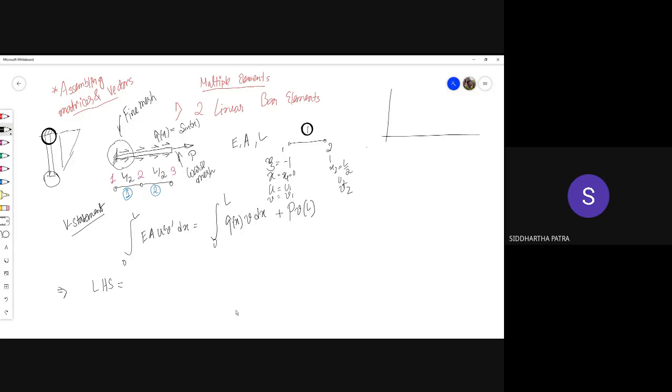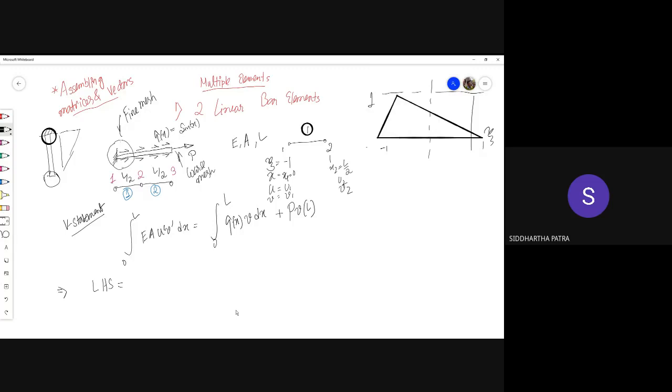So there would be two shape functions. So this one is -1 and 1 along the xi axis, and this much is 1.